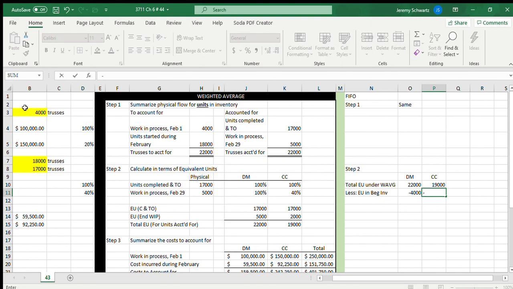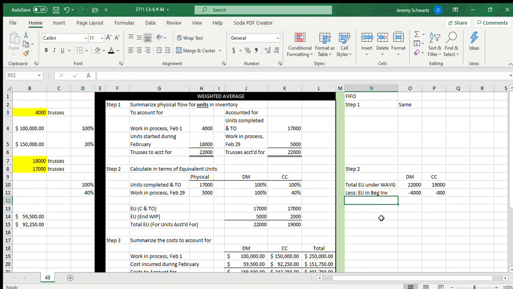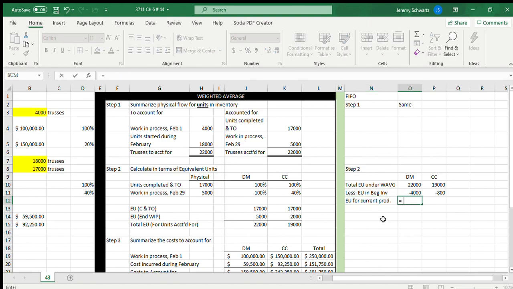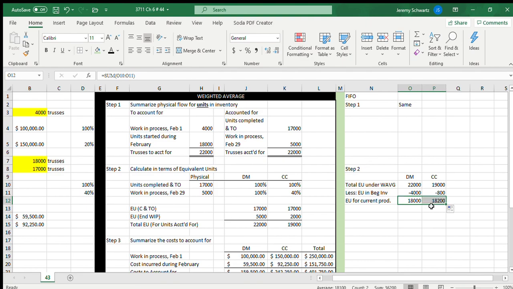And similarly, the conversion costs were 20% complete for those 4,000 units. That means that if we have equivalent units for current production, since I put a negative sign here, I'm going to sum these two so that we would get 18,000 and then 18,200.